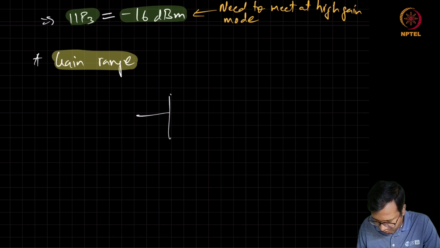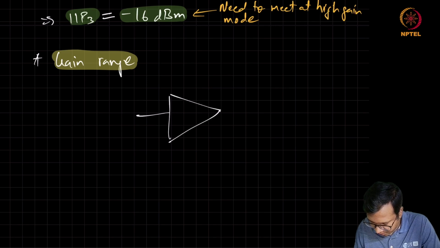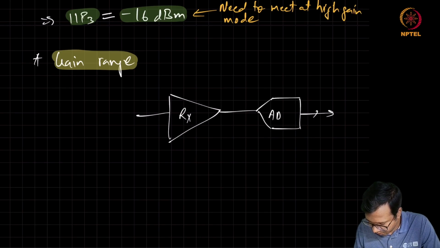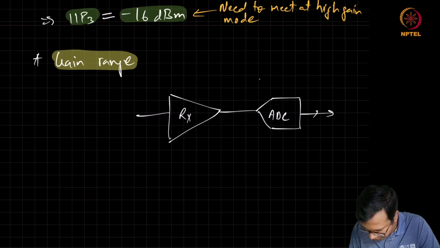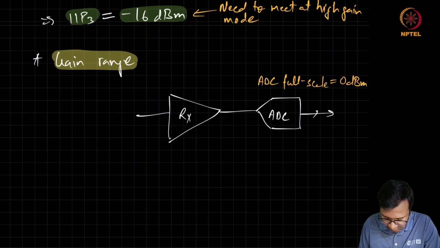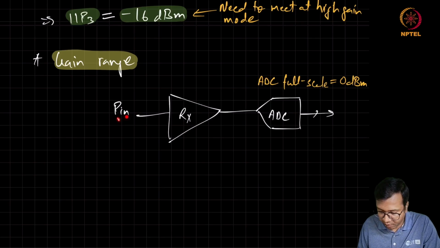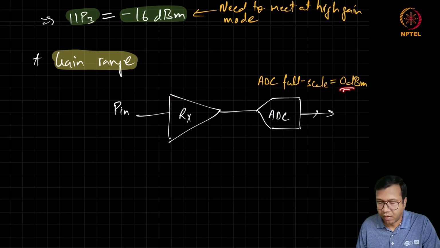So if we are assuming that the receiver is driving an ADC which has a full scale, let's say around 0 dBm, then we need to make sure whatever may be the input power, after passing it through the receiver, we are close to the full scale of the ADC.